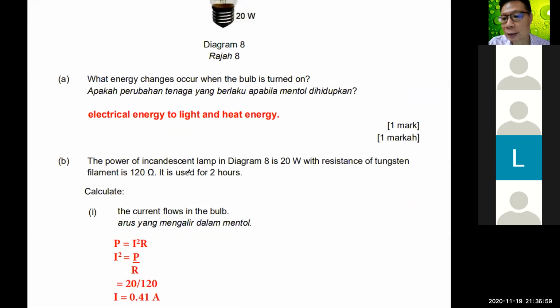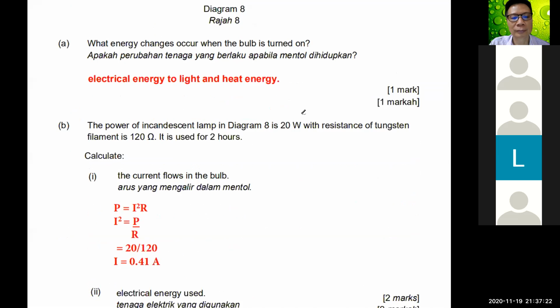Sir. Yes. If finding power loss, what formula? I squared R. Same, okay. Power loss is I squared R. Energy loss is I squared RT.